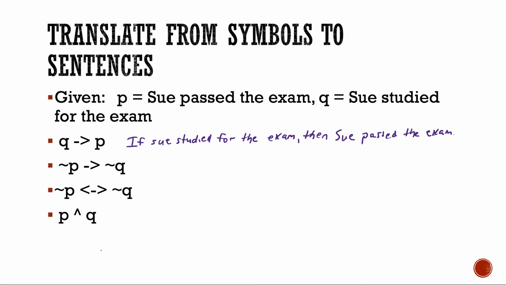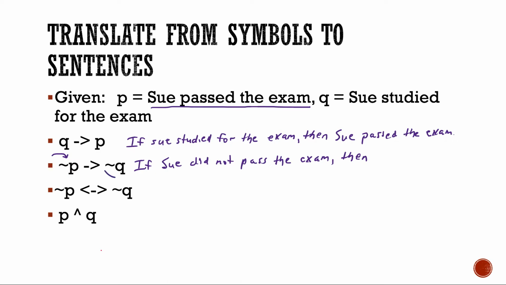The second one is also an if-then, but in both cases we're dealing with the negation of the P and the Q. So again, the if goes with the first part of the statement. So the if will go with the P part. So I'm going to say if, and I'm going to negate this statement. This is the P. I want to do the not part of that. So I'm going to say if Sue did not pass the exam, then, and the then part will be this part.